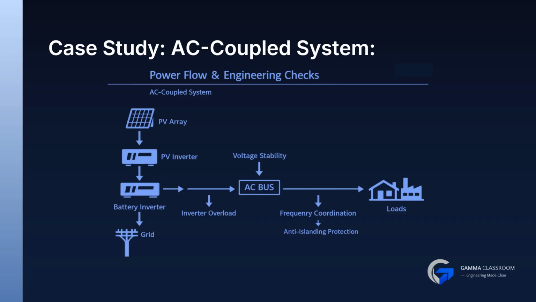Protection relies on AC breakers and coordinated inverter logic. This architecture is ideal for retrofit and systems where PV and BESS operate with different schedules.